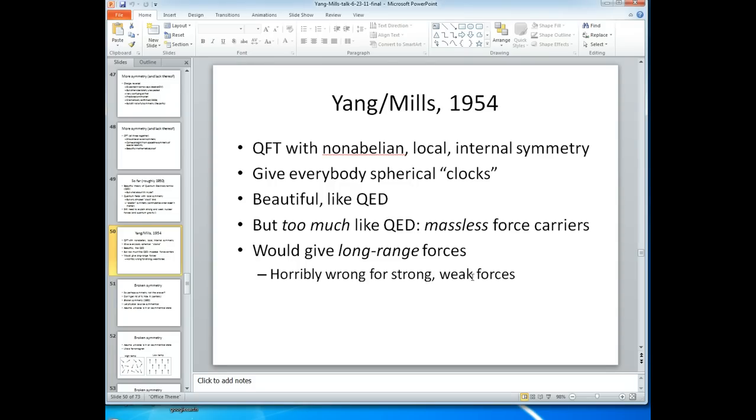The thing about the strong and the weak forces, though, the reason they're called nuclear forces, is that they're relatively strong. Even the weak force is meaningful and operates at nuclear scales, but it becomes very, very weak if you go a little bit beyond that scale. And so it was really a horribly wrong prediction.